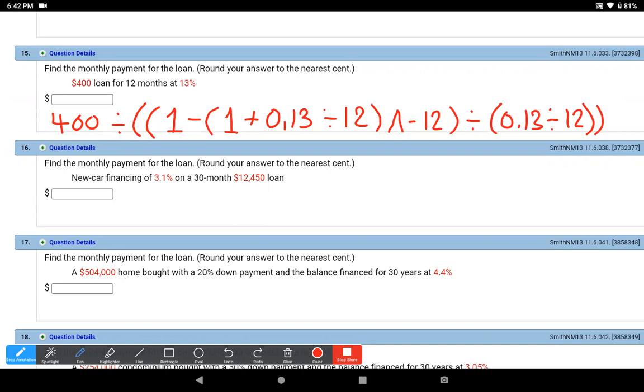You do 400, which is P. You divide it by that quotient we've been working with, 1 minus parentheses 1 plus 0.13 divided by 12 in parentheses caret negative 12 in parentheses divide by parentheses 0.13 divided by 12 in parentheses.